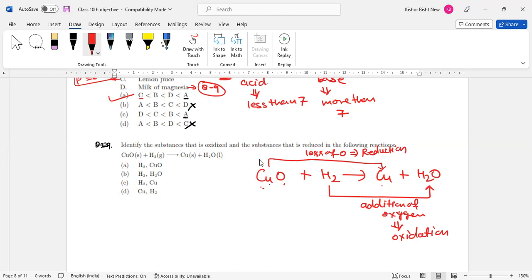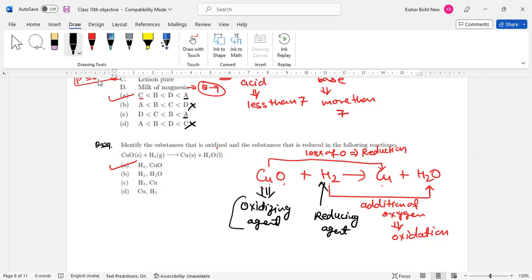So your answer is A. And please remember, the substance which shows reduction is called the oxidizing agent. And the substance which shows oxidation is called the reducing agent. In any question, we will discuss it. Both are the opposite of each other.